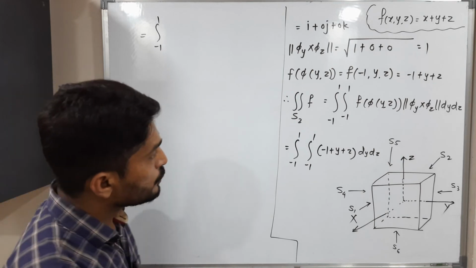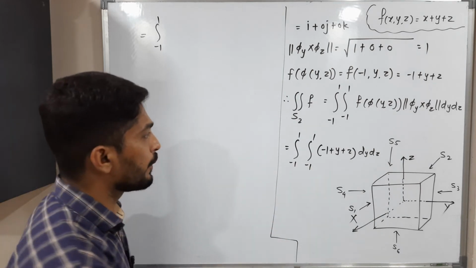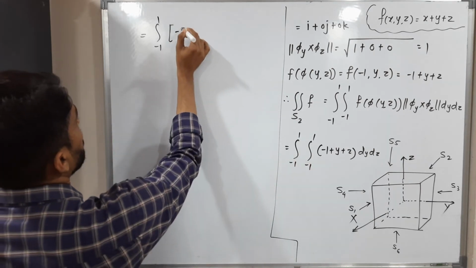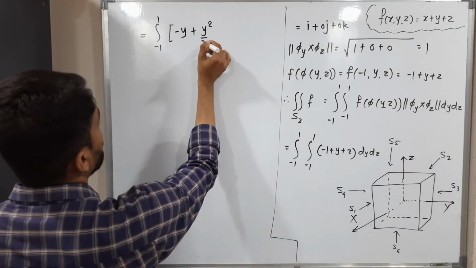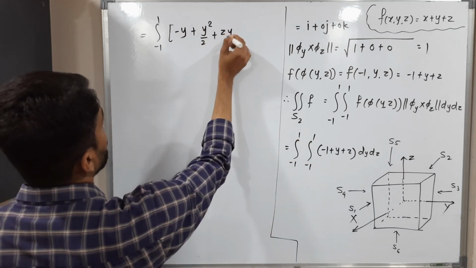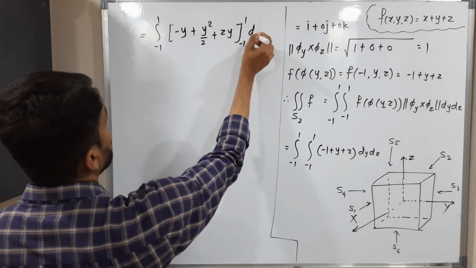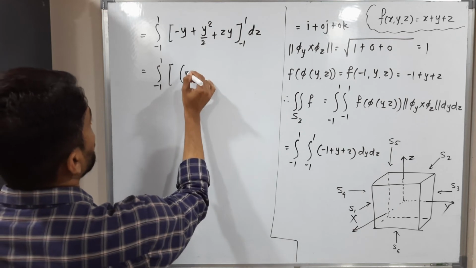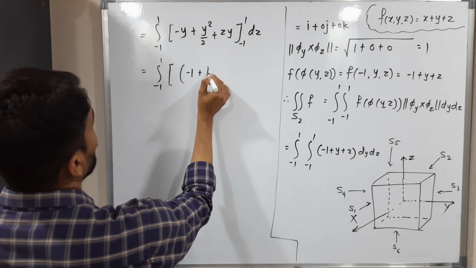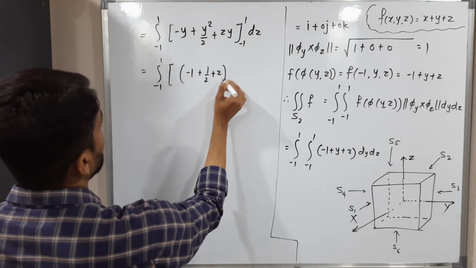First of all, I will integrate with respect to y. The integration will be -y, the integration of y is y square by 2, and the integration of z is zy, with limits -1 to 1, dz. So I am putting the upper limit first: -1, 1 by 2 and z.